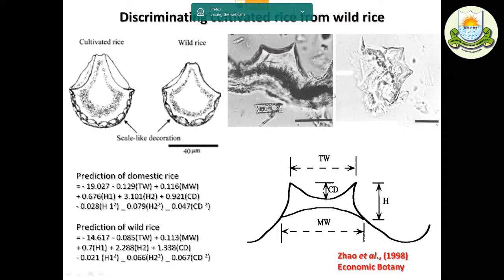After studying these large varieties, they took measurements like the central depth, the tower height, the middle height. These measurements they took for all the varieties they considered, and they proposed two discriminant functions, one for domesticated rice and one for wild rice. If you put these measurements into these functions, you will have an answer.